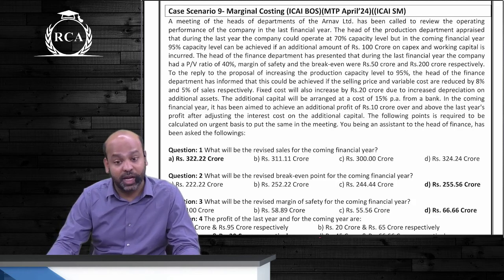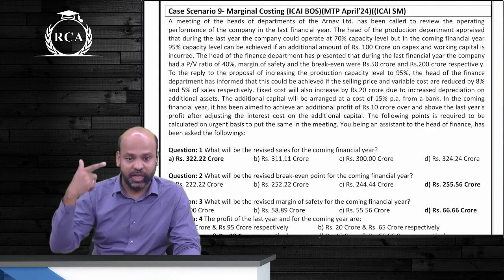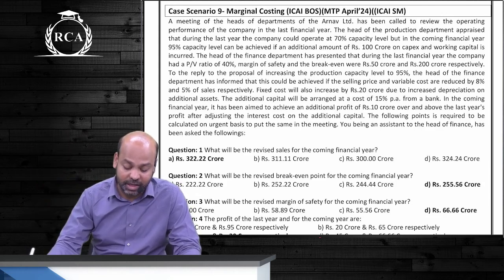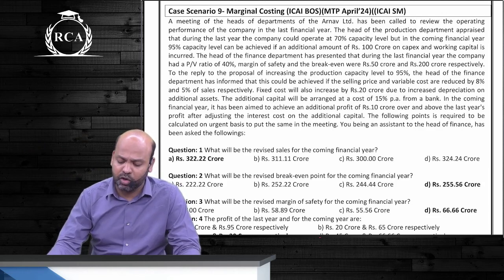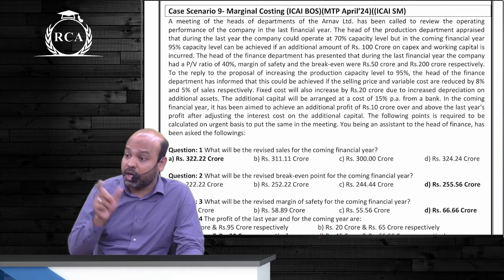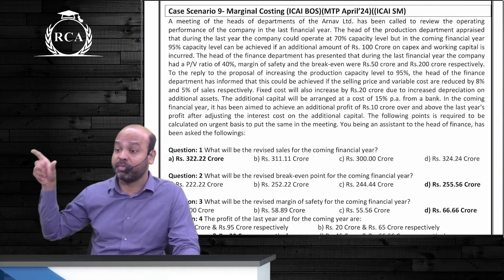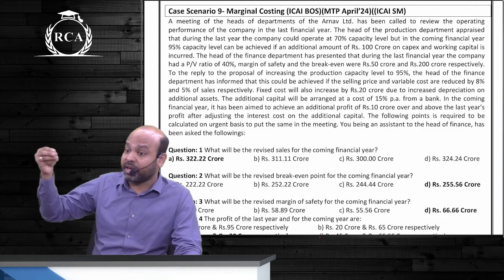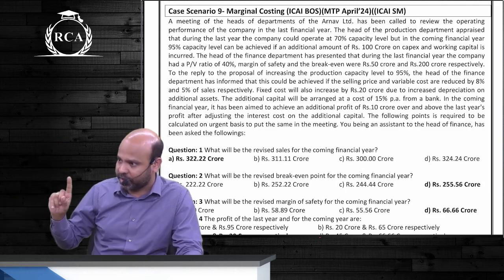But in the coming financial year, power of brain beta, 95% capacity level can be achieved if an additional amount of 100 crores only is spent on capex and working capital is incurred. 100 crores is not your expenditure, it is investment. Its depreciation and finance cost will be your expenditure.